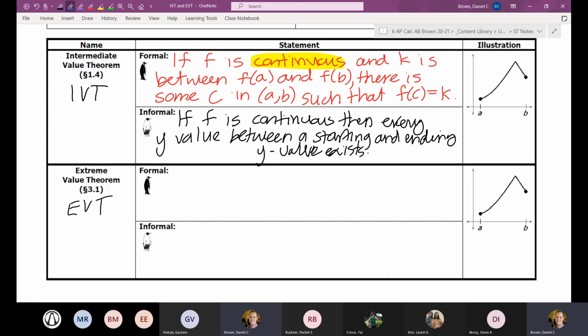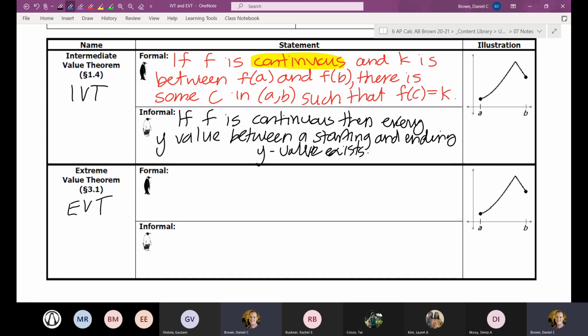I do think a lot of these theorems, once you see what they mean, you look at it and you're like, well, duh, why do we need a theorem that means this? What this is basically saying is if f is continuous, then every y value between a starting and ending y value has to exist.